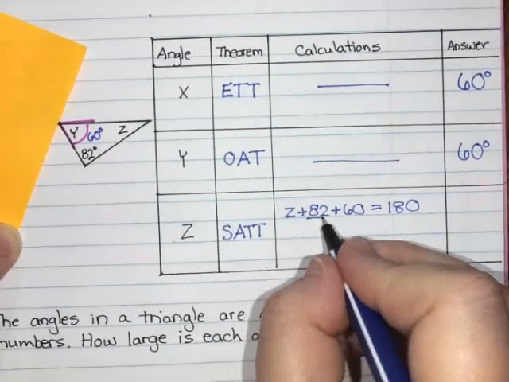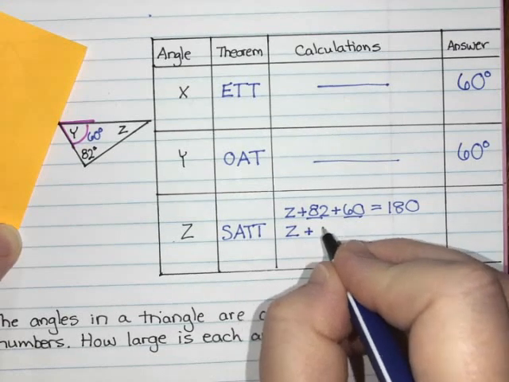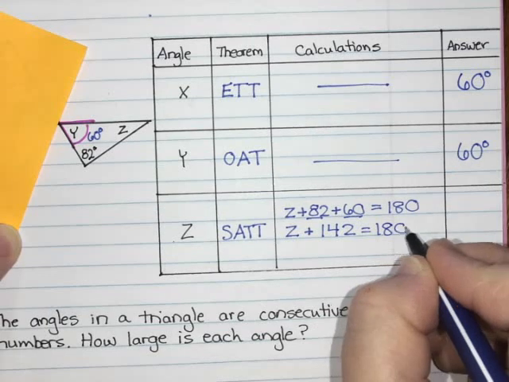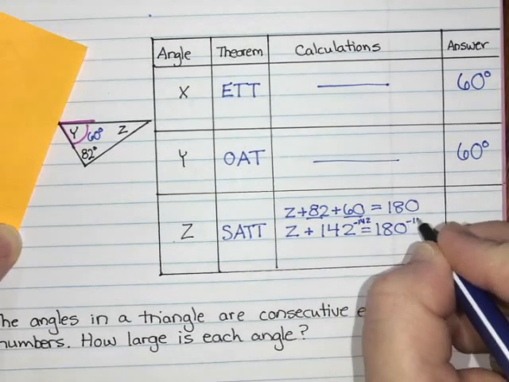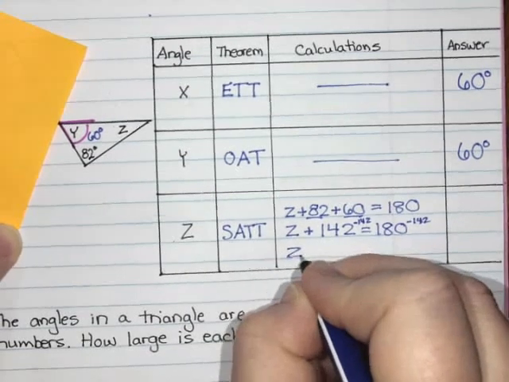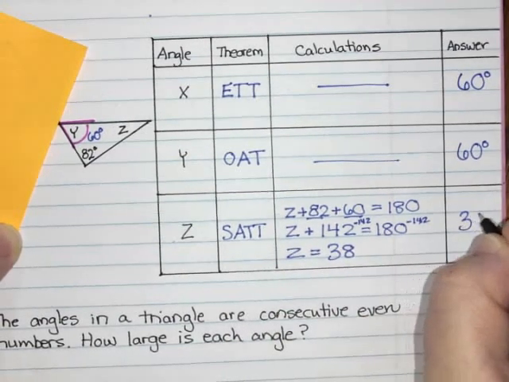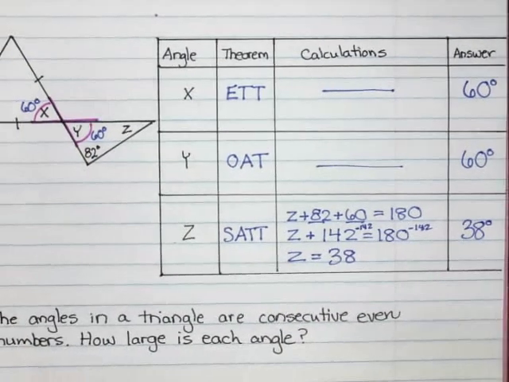I have some like terms, so I'm going to collect those. 82 plus 60 is 142. And then if I subtract 142 from both sides, I get 38 degrees. So Z would be 38 degrees because of SAT.